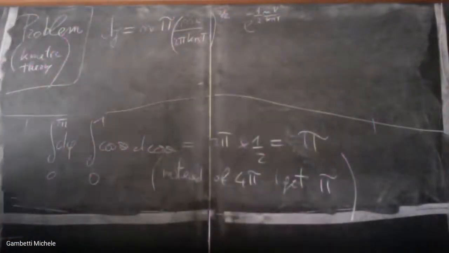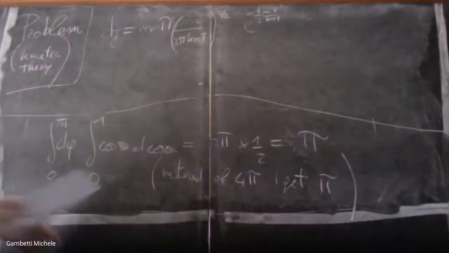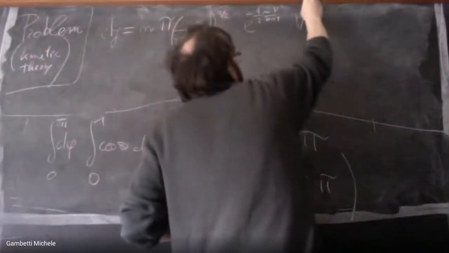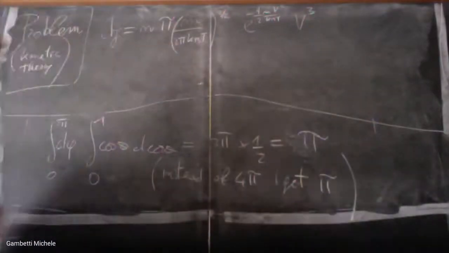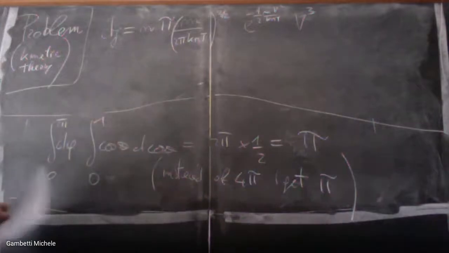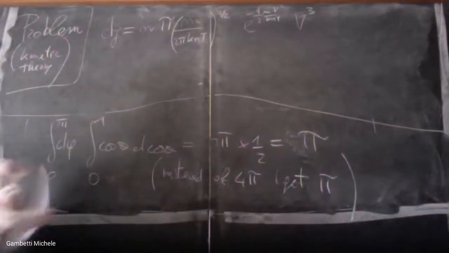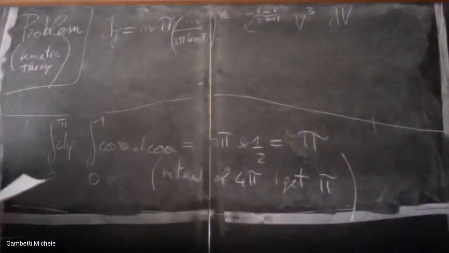Then, instead of v squared, I have v to the power of 3, because I'm calculating a flux. So it's a density times velocity, and this is dv.